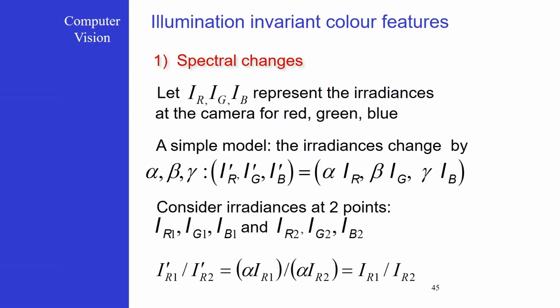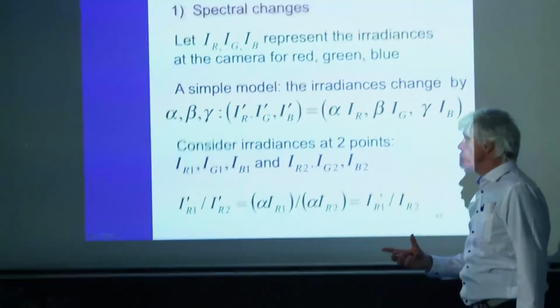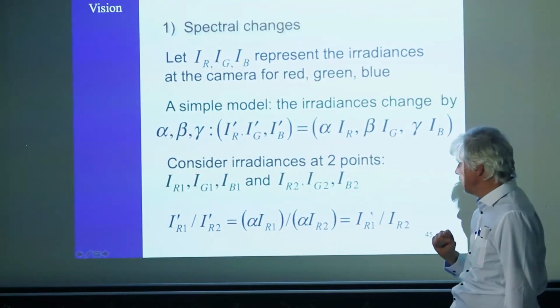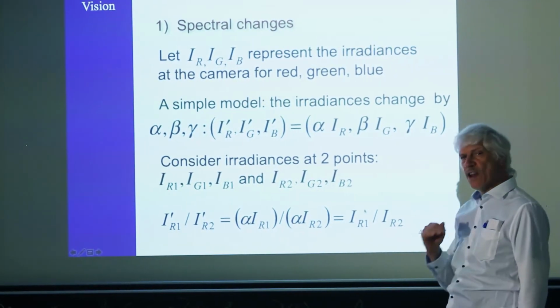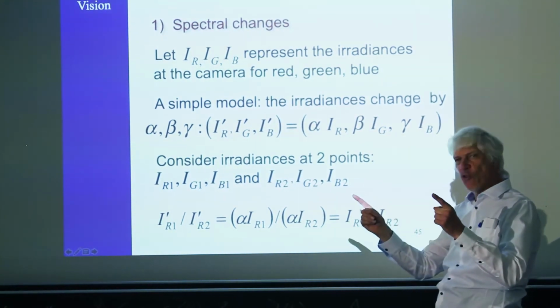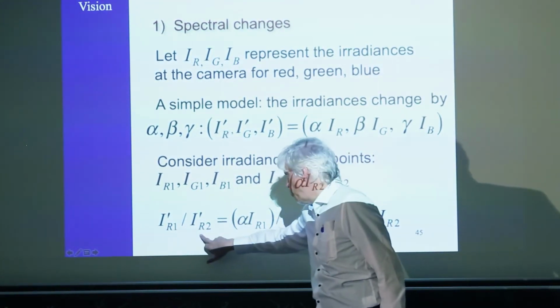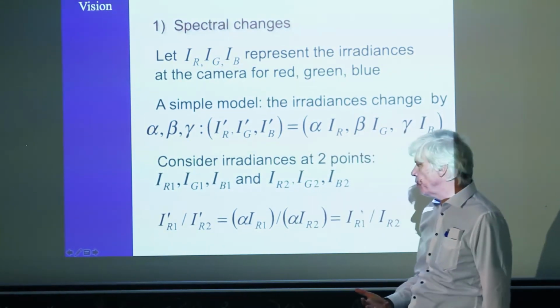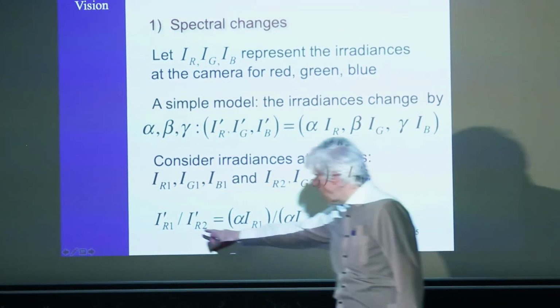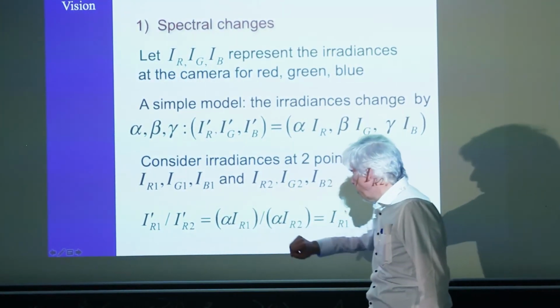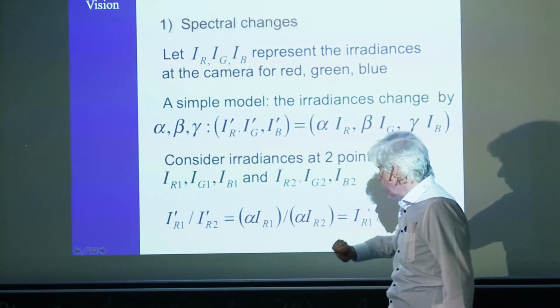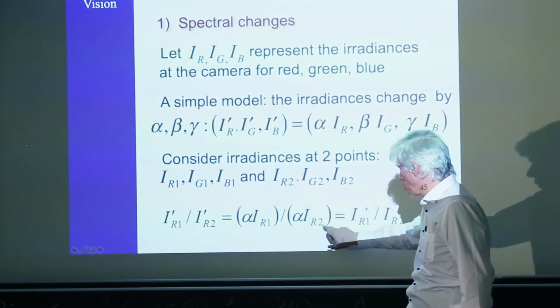But what we can do is to look at 2 different points. And if we then have a change of spectral composition of the light source, we can make it disappear. For instance, if we have the red channels at these 2 points, and we take the ratio of the red channels at these 2 points, then after the change of color of the illuminant, we have these prime values, which are alpha times the original red at point 1, and alpha times the original red at point 2.